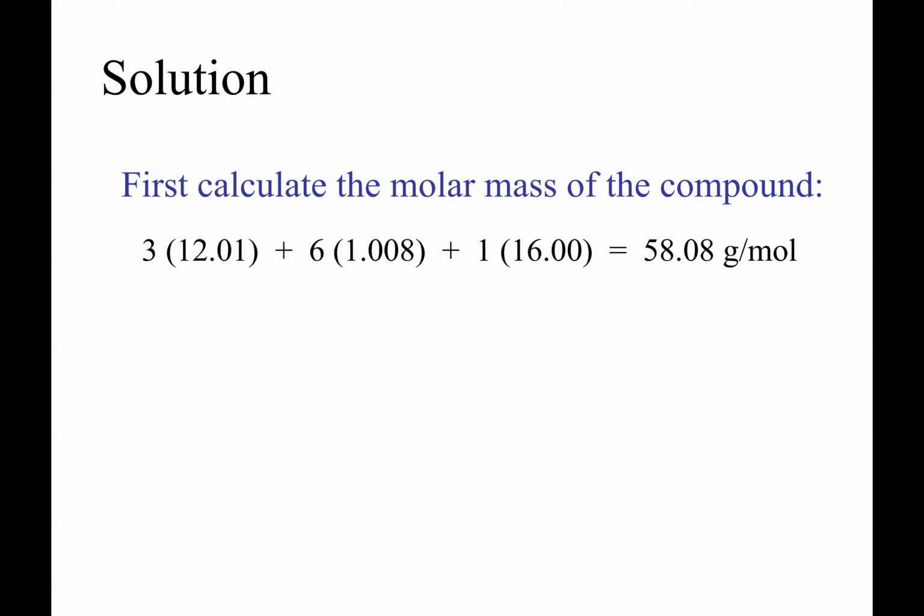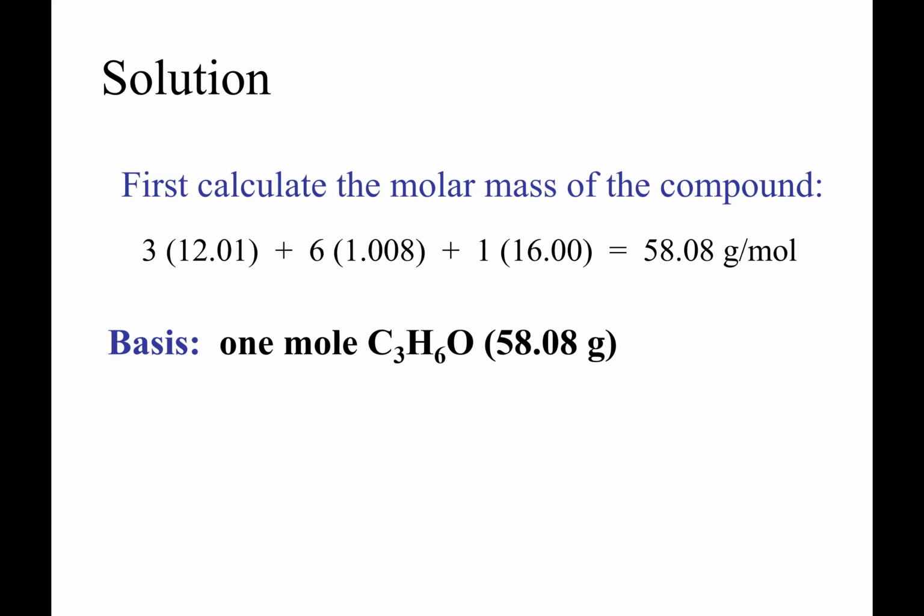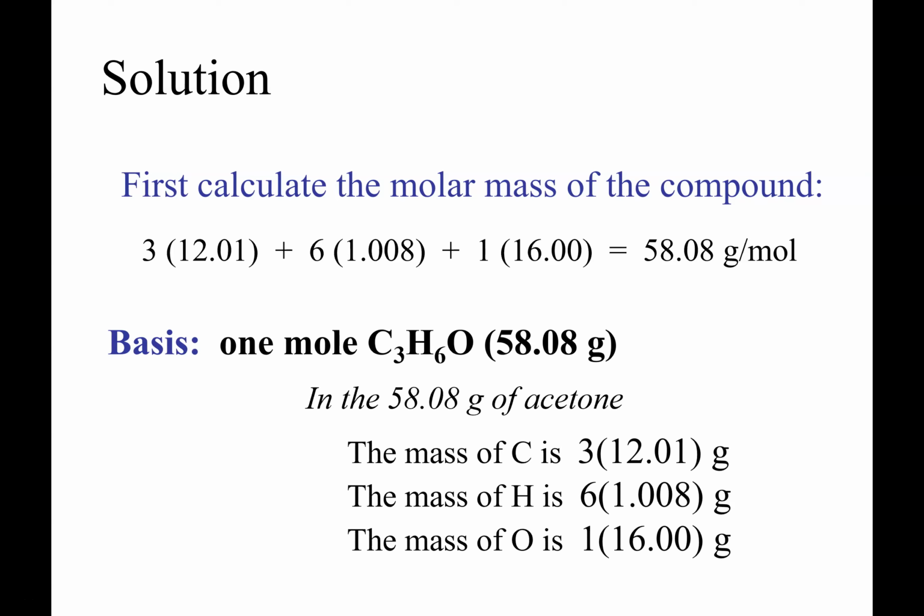58.08 grams, exactly. And so we can divvy up which element gives that 58.08 grams. With regard to that whole mass of 58.08 grams, carbon is bringing this amount. What is this amount? Carbon is bringing 3 times 12.01 grams.